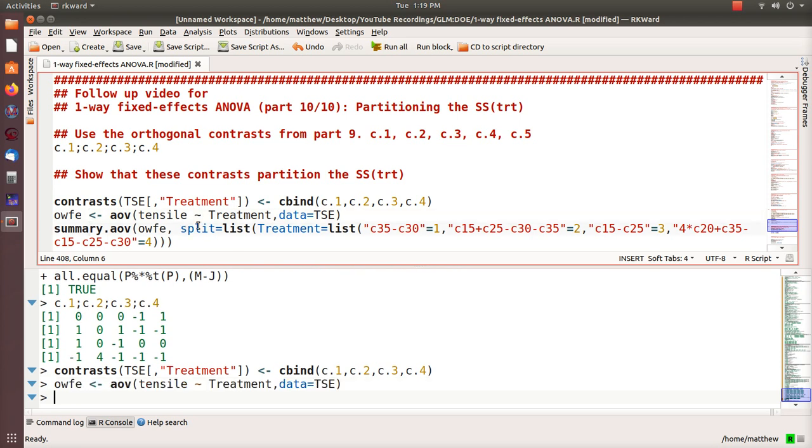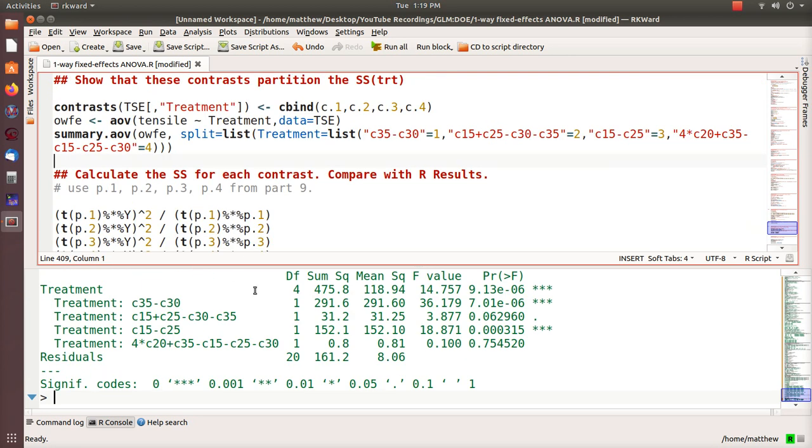Now we could just summarize the OWFE, and we create the ANOVA table. But here we're using the split function to split the treatment factor into these 4 orthogonal contrasts. Let me just show it.